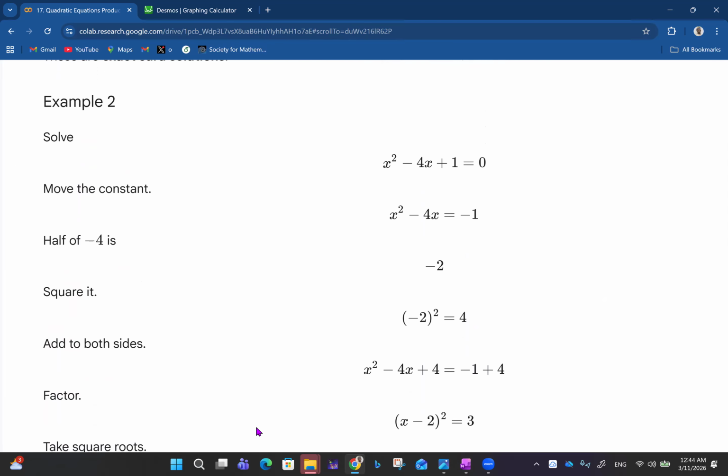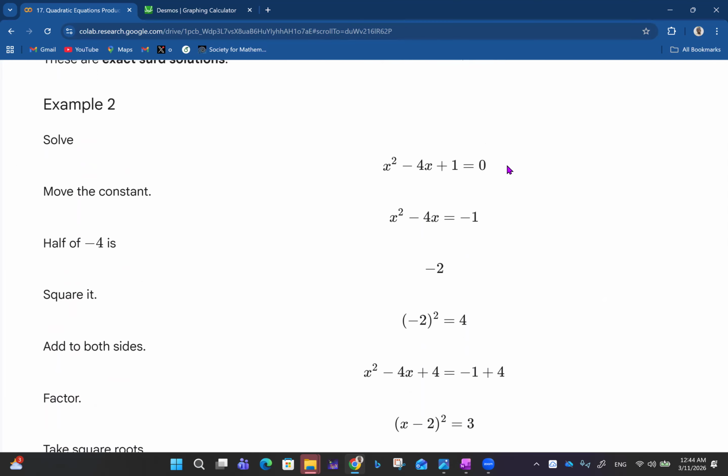And then we can have a second example. You have x squared minus 4x plus 1 equals 0. So move the constant, which is plus 1, to the other side. Another way you can say that is subtract 1 from both sides. So you have x squared minus 4x equals minus 1. Then half of minus 4, which is the coefficient of x, is minus 2. If you square that, minus 2 squared is 4.